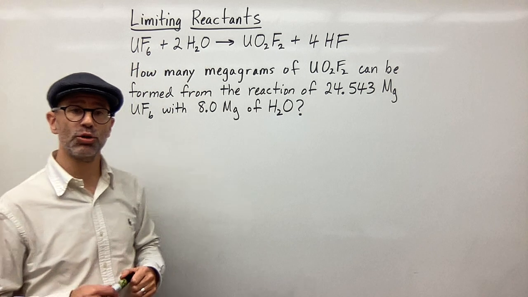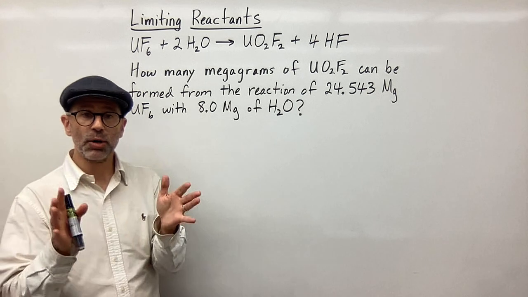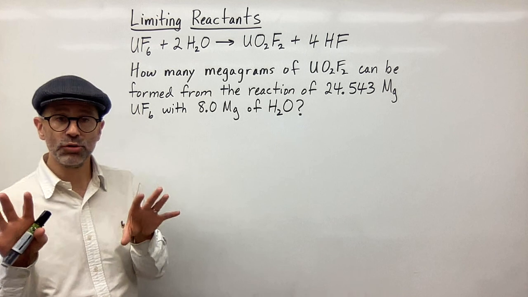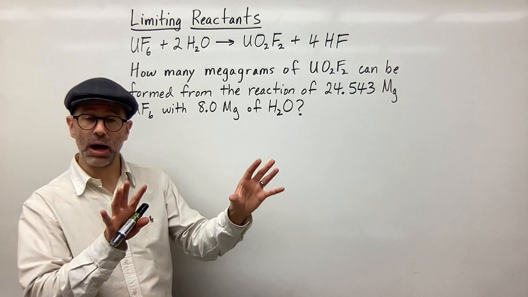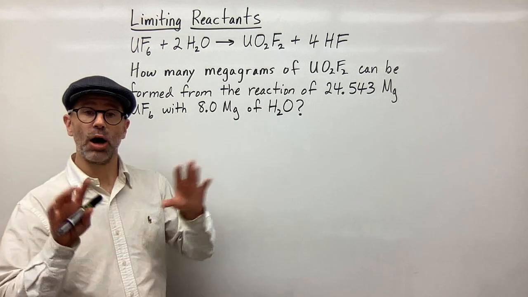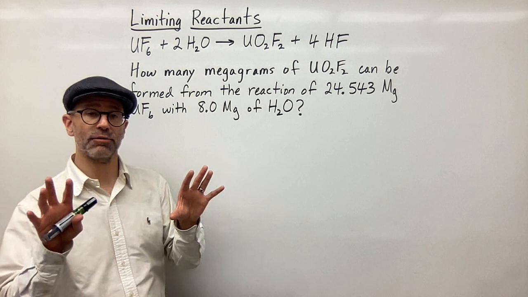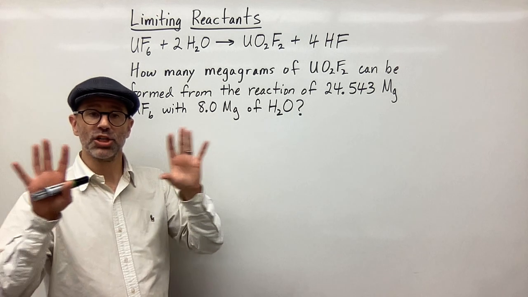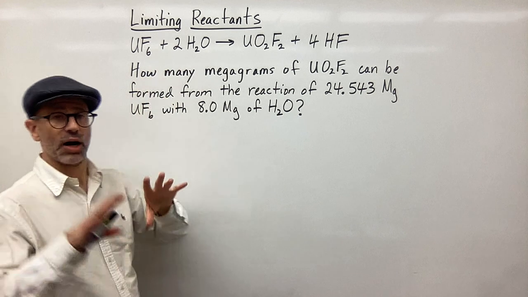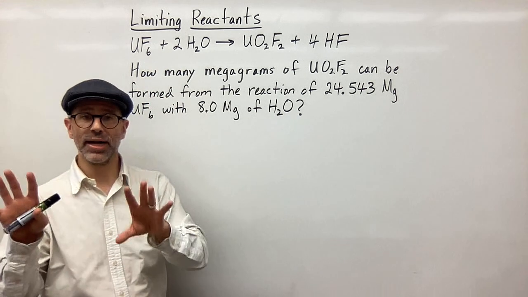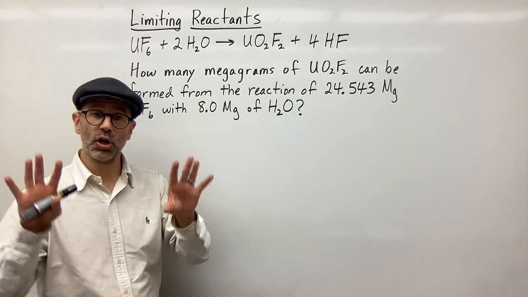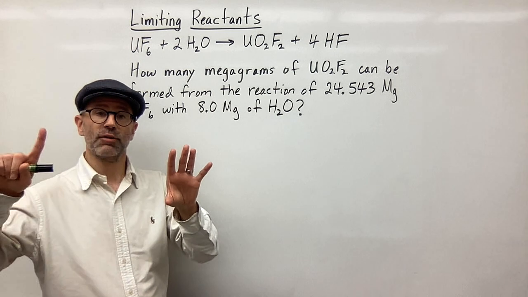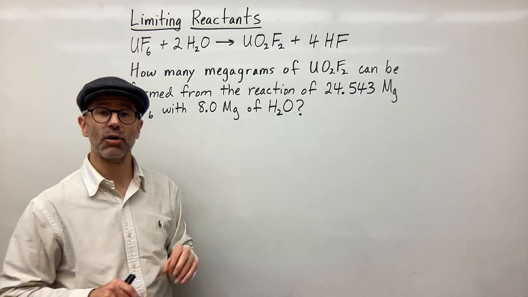So what you can do is convert both. If you're given masses of your two reactants, you can convert both of those reactants to molar amounts, like moles. So how many moles of each reactant do you have? And then compare that to each other with the ratio. Is it a 1-to-2 ratio or not? Or you could also take the moles of one of the reactants and convert it to the molar amount of the other.